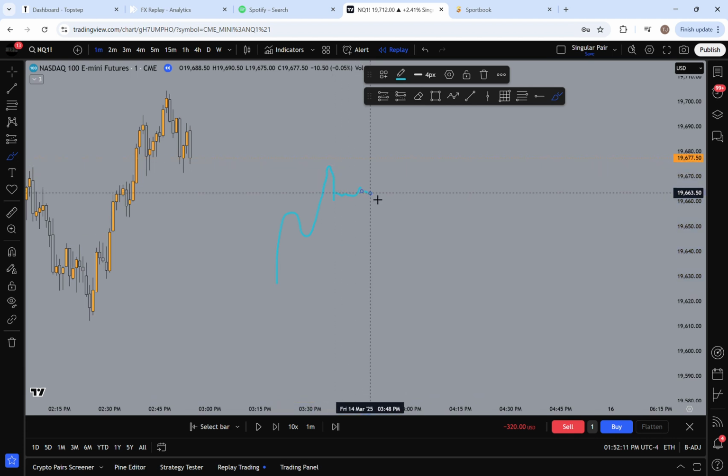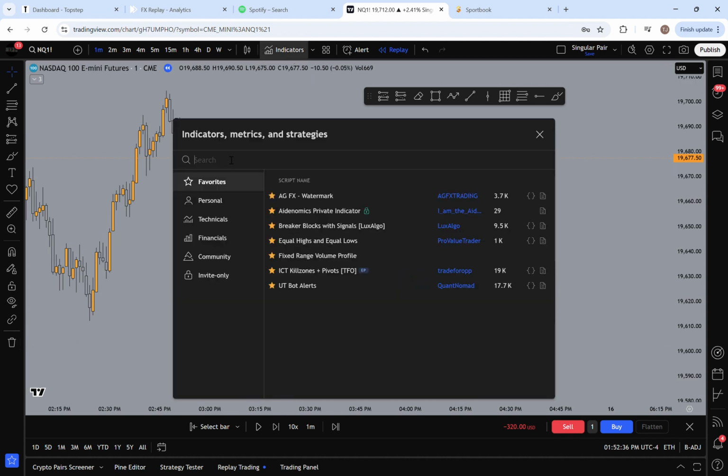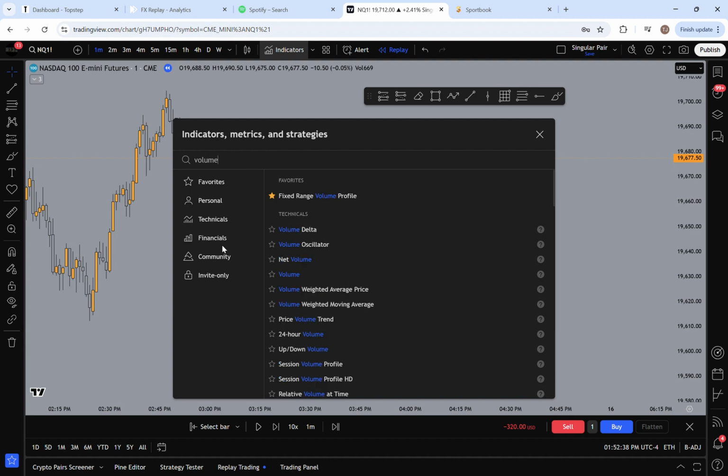You might get an entry like here, but a lot of times what's going to happen is either one, price is just going to completely stop you out, or two, what I noticed for me is we're choppy like this, and then I'll get wicked out, so I'll get stopped out, and then price will immediately go back in that direction. So I want all of you to go to your indicators tab and just look up volume.